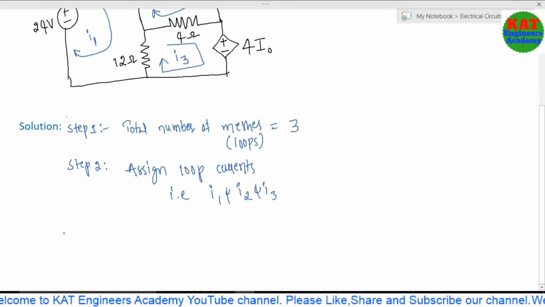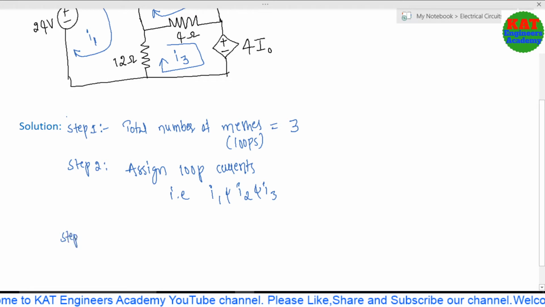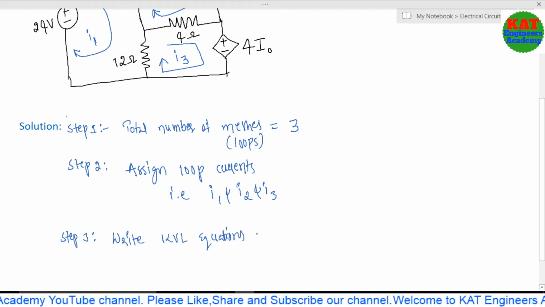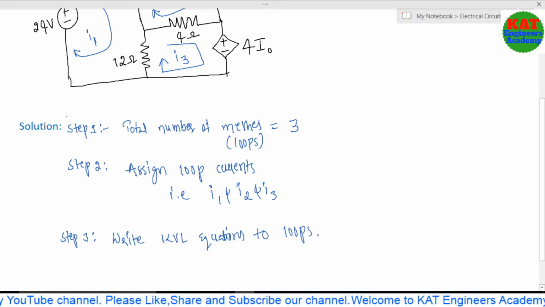Next, step 3: write KVL equations to the loops.